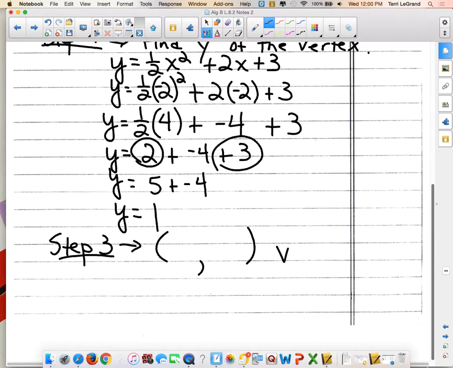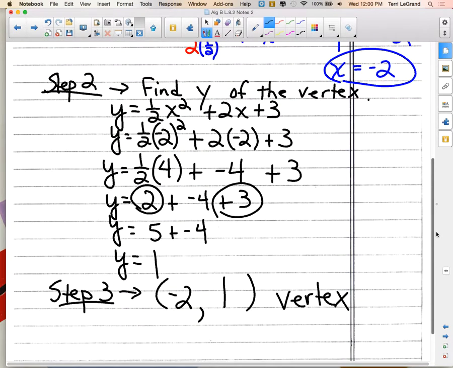It is the vertex, and it is what? -2, the x value of the vertex, and the y value we just got is +1. Now I think we can do a better job of giving a rough sketch of our graph. We have ordered pair -2, 1 that we'll put on the axis of symmetry, about where it would go.